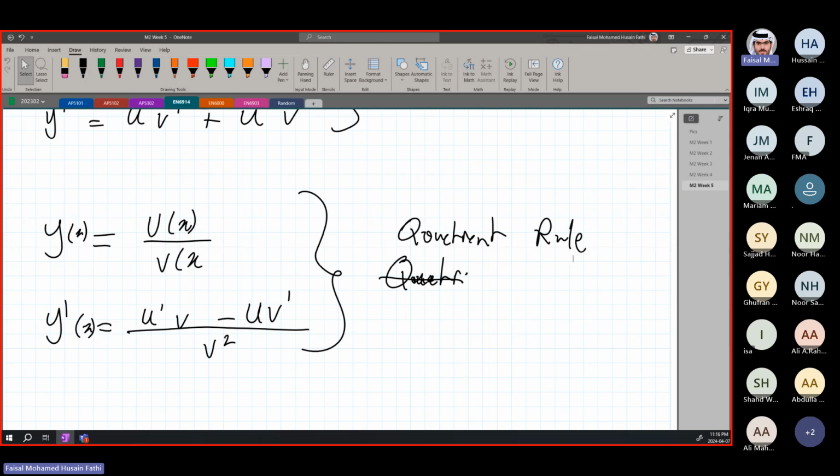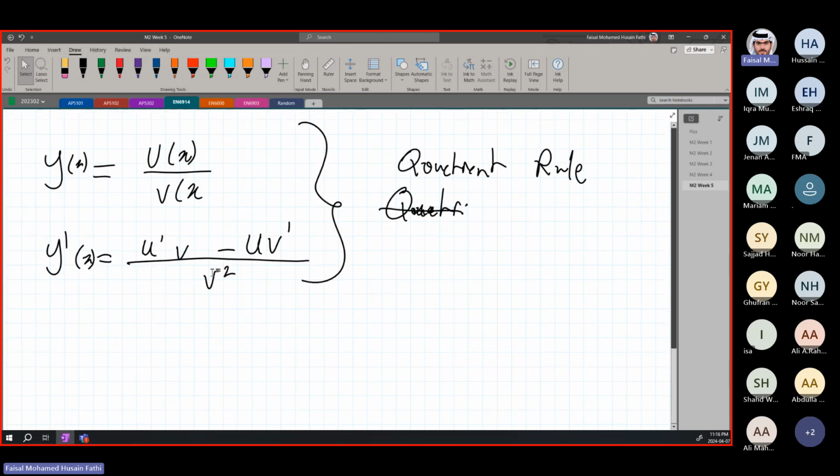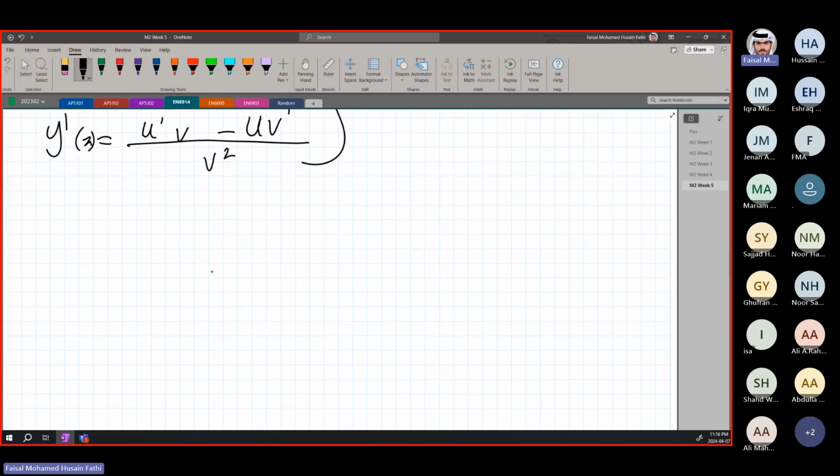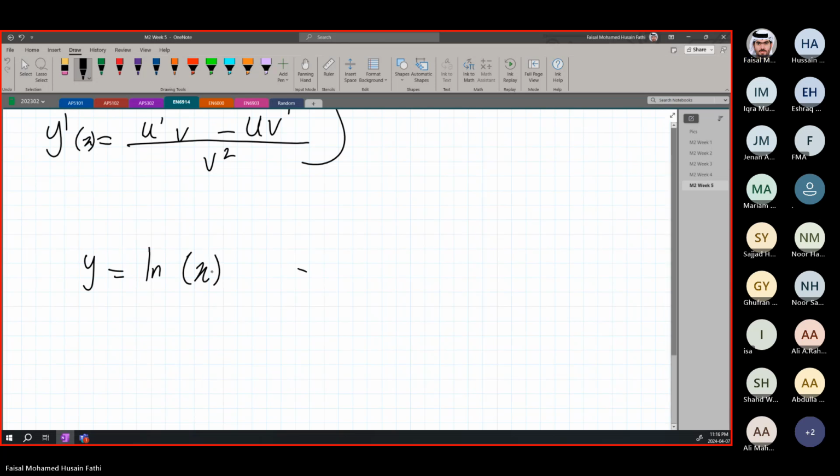Alright, then we have ln, which I was supposed to write with the exponential. If y is equal to ln of x, y prime is simply equal to 1 over x.